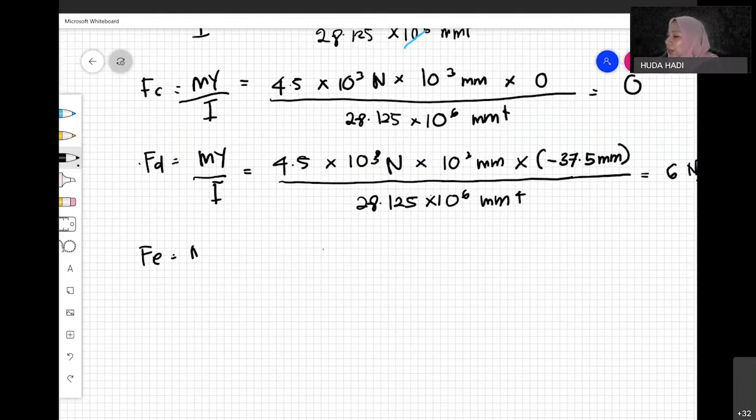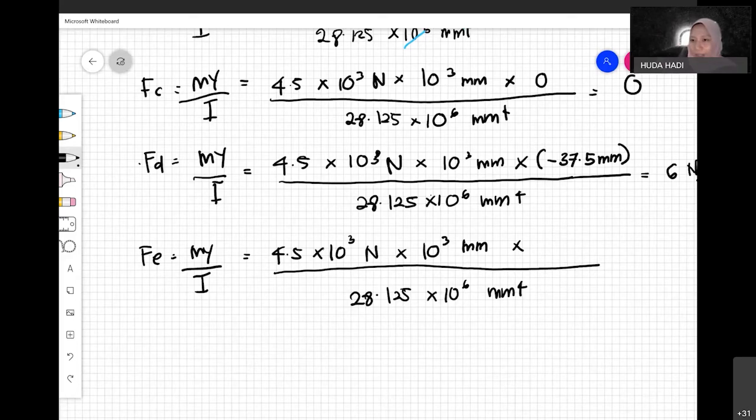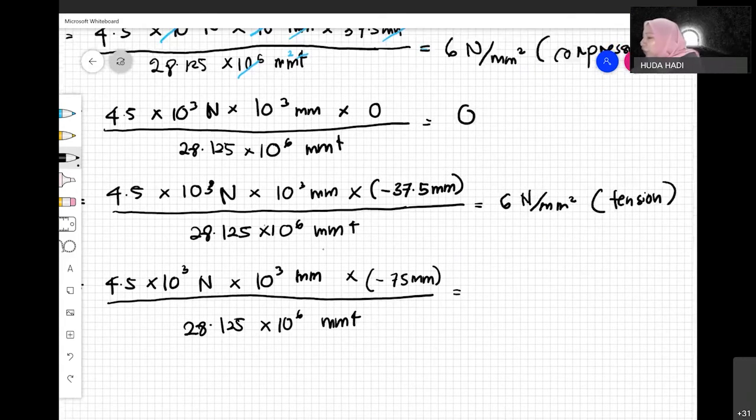FE, last sekali for bending stress. Christine, Abigail. Negative 75, betul. Thank you. So you akan dapat jawapan dia negative 12. So since 12 ni kita tak akan letak dalam negative, we put it as tension.